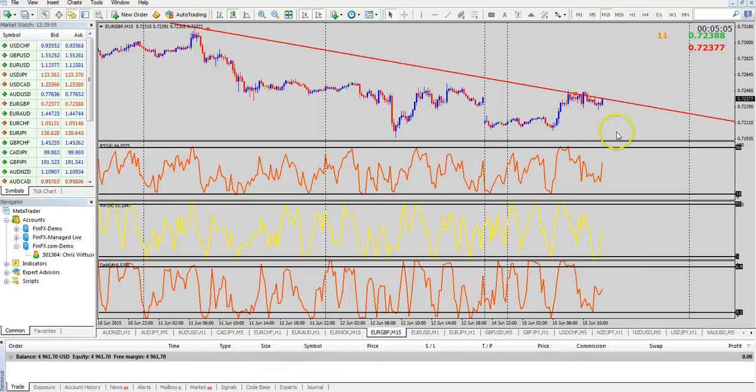Here's the thing: you have got to wait for these areas to take place. These all have to match up. And remember, if you trade with a trend, you're more successful. So let's find the next one where you have something similar. They all have to line up.